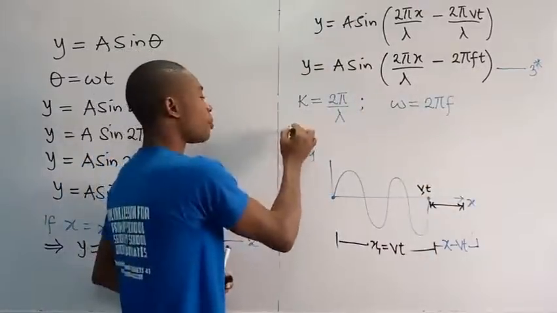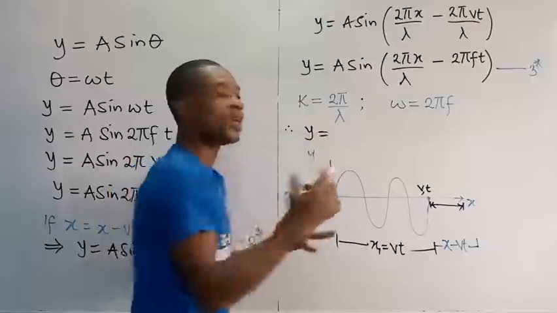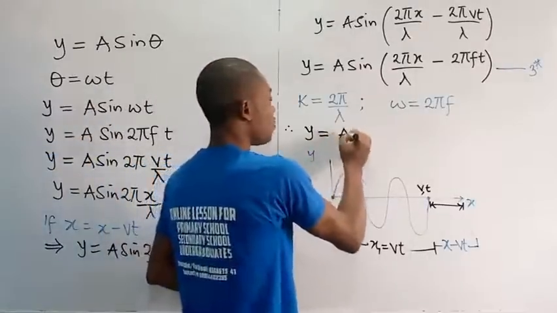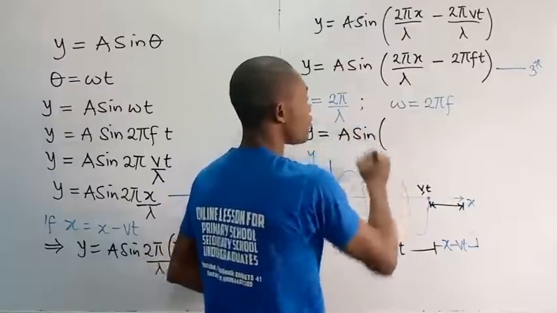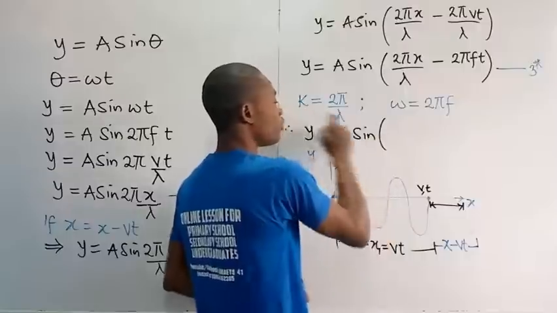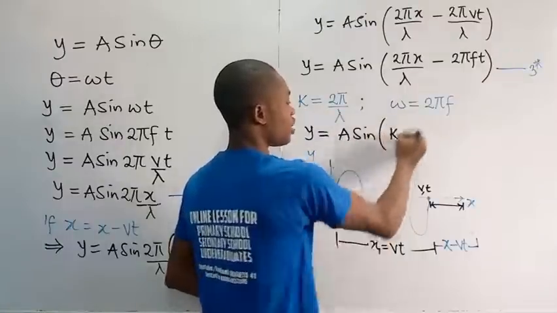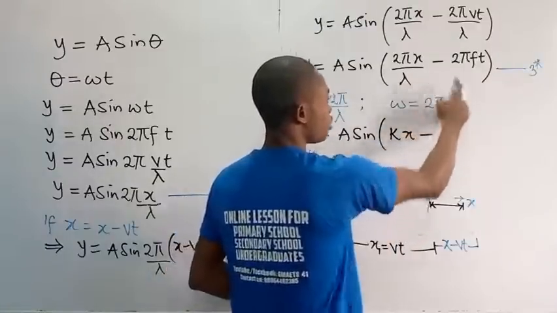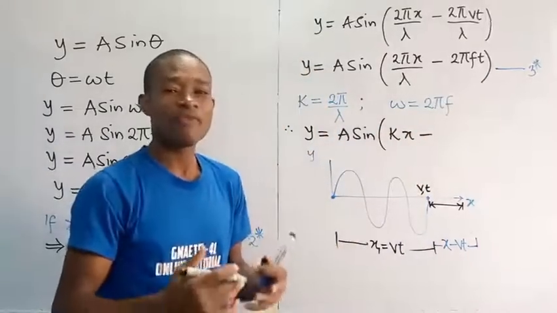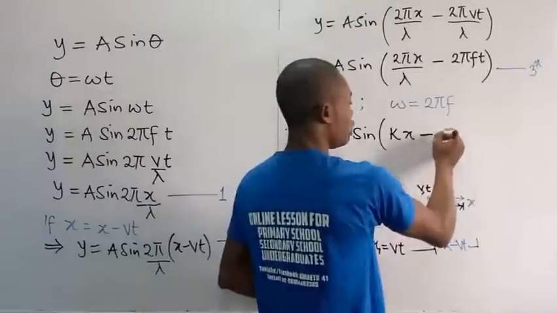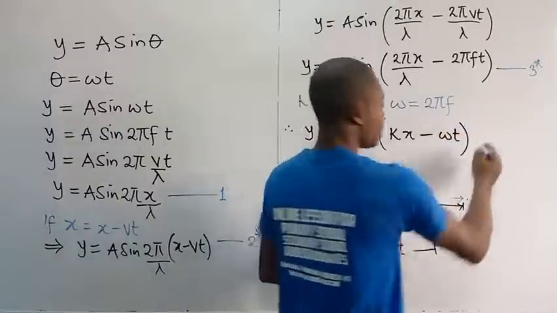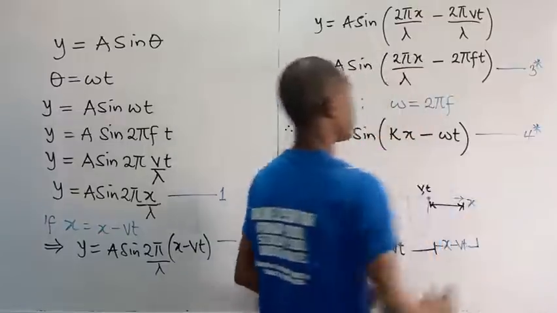And therefore, our progressive wave equation will take a much more condensed form: amplitude times sine, open bracket, 2 pi over wavelength, which is equal to wave number k, multiplied by x, minus 2 pi f, which is the angular frequency or angular velocity, omega t. Good. Now we're going to take this as equation 4 asterisk.